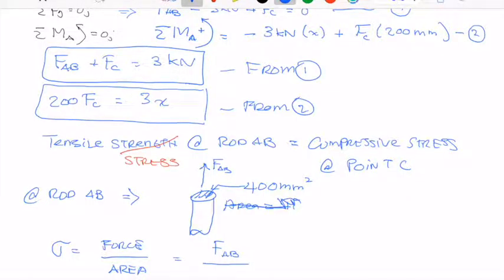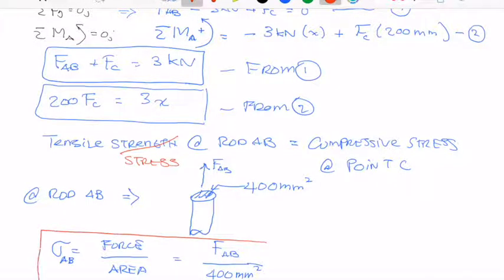Okay, let's take it out. Just divide by 400 square millimeters, and this is the tensile stress at rod AB. I'm just going to mark it in red so you can see it better.